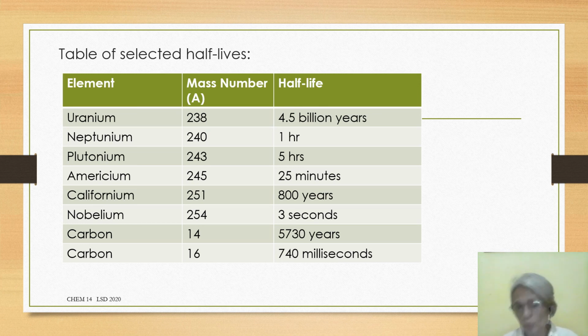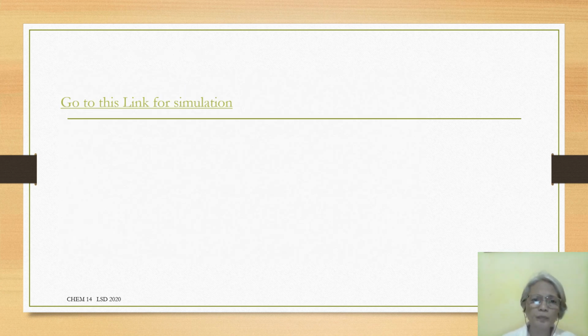Neptunium-240, which we shall use in our problem later on, has a half-life of 1 hour, whereas carbon-14 has a half-life of 5,730 years. I intended to show you a simulation of a disintegration of a radioactive material. However, this presentation cannot accommodate that. So perhaps some other time I'll be able to show you the simulation.